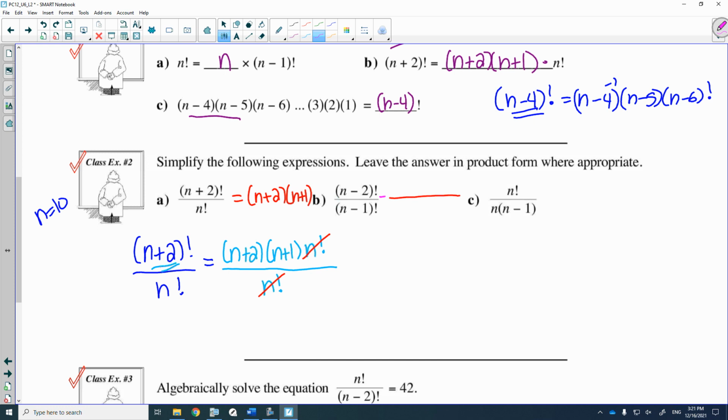How would you do that? So it's going to be n minus 1. And then the next one is 1 less, which would be n minus 2. I want to stop now. I've got to put the factorial to stop. In the numerator, I had n minus 2 factorial. This would cancel, and I'd be left with 1 over n minus 1.